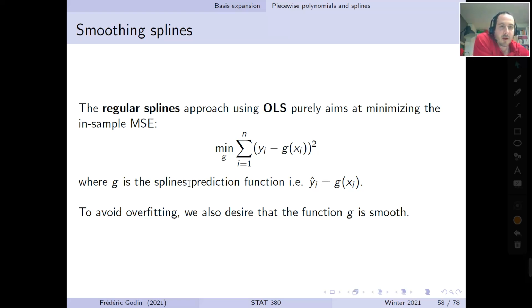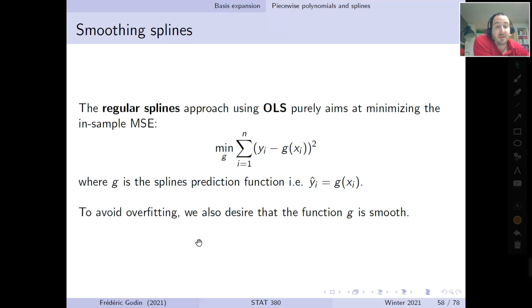So to avoid this kind of overfitting, we may want to impose some conditions on the smoothness. In splines, there are already constraints on the smoothness, namely continuity. In cubic splines, for example, the first and second order derivatives are continuous.